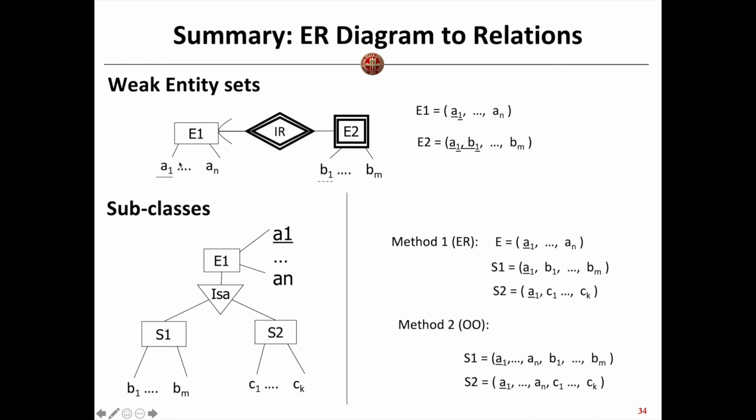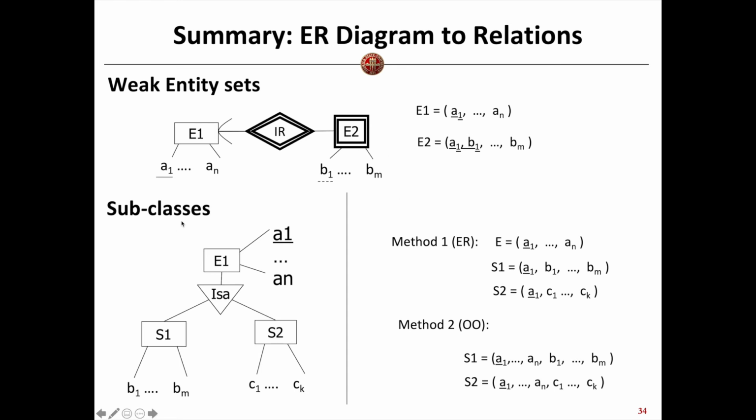We also have to borrow the attribute A1 inside this E2 relation, right, as a key attribute. Therefore, the translation will be like this: E2, where A1, B1 together define the key for the new relation, as well as the remaining attributes inside E2, right? This is the translation for the weak entity sets.